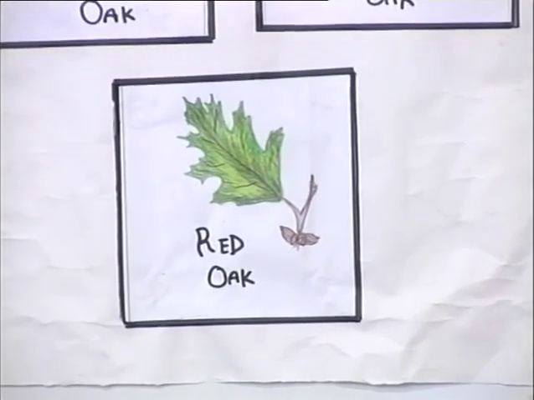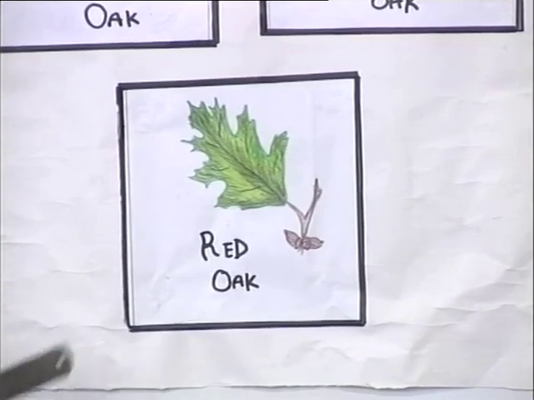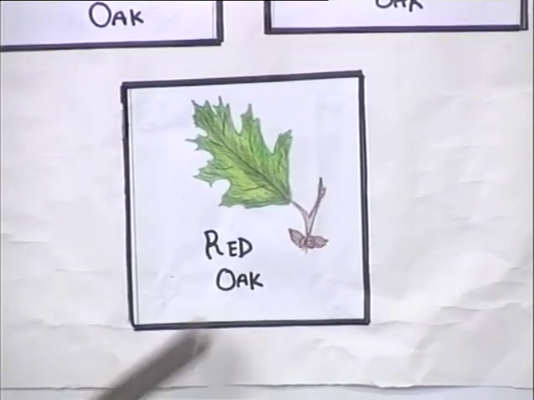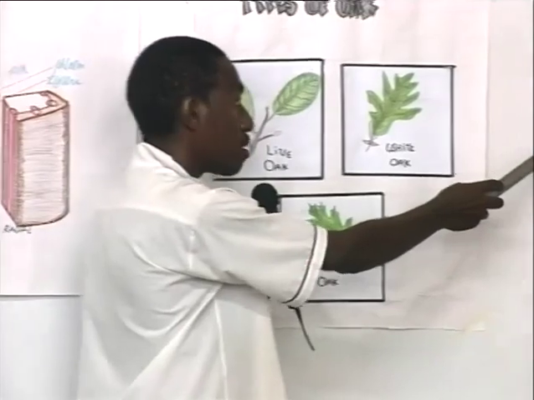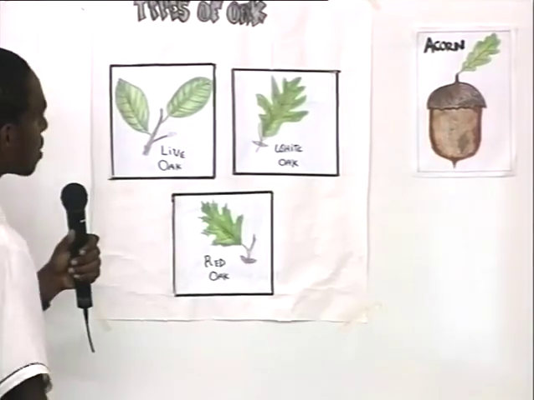And one of the fruits or the seed that it produces is called an acorn. Over here, that's the acorn produced by all the oak trees.